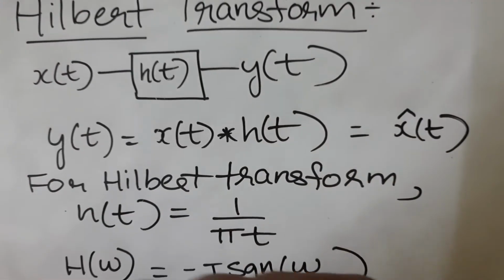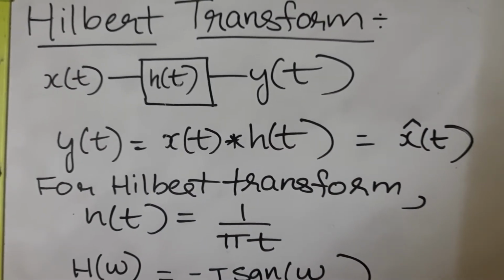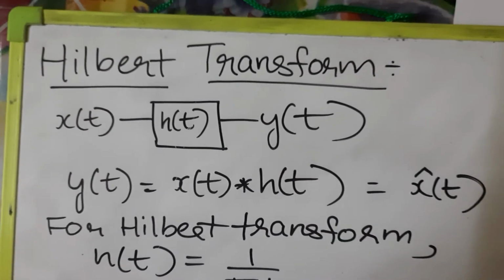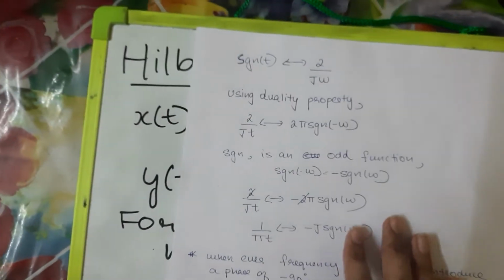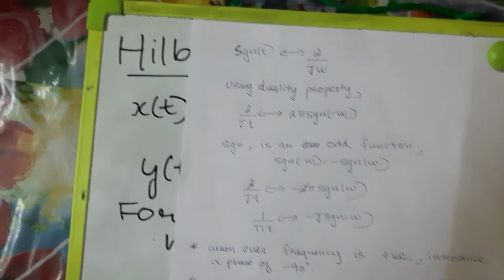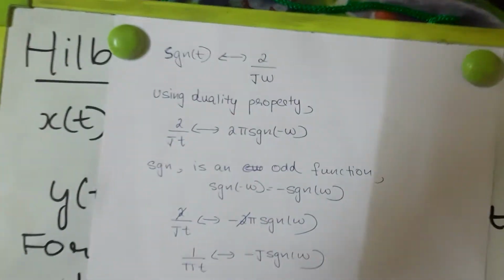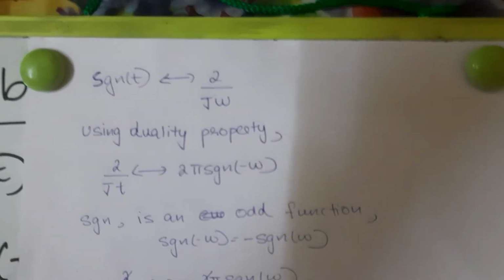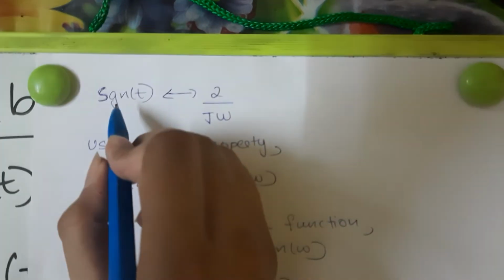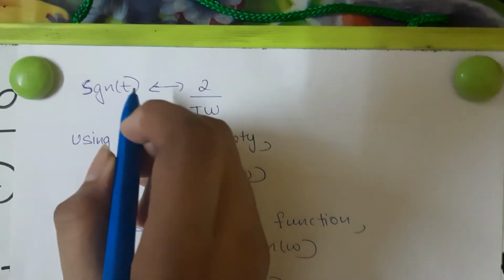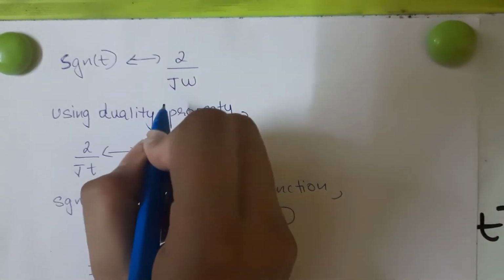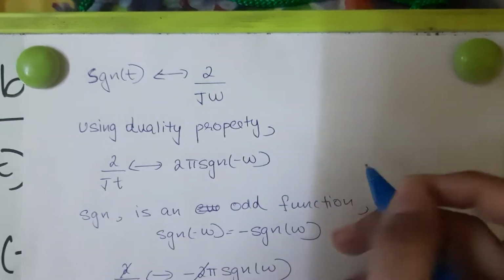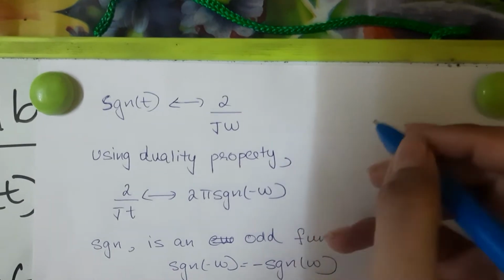Now, let me derive and show you how I got this. Now let us see. We know that Fourier transform of signum of t is 2 by j omega. Now using duality property. Now what is duality property?